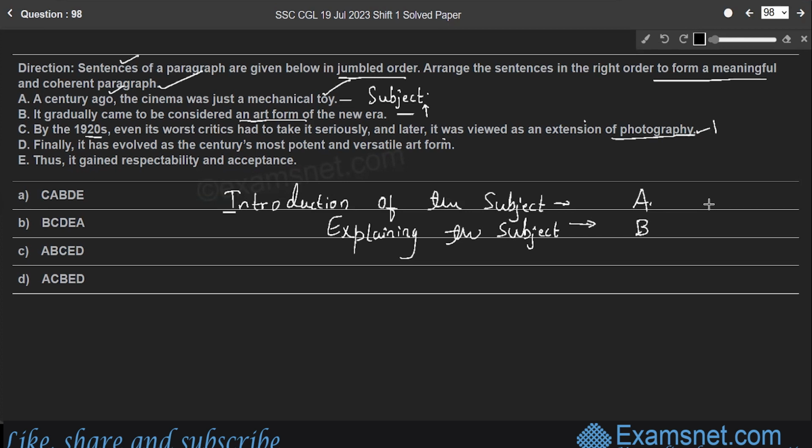So again, sentence C gives support to sentence B. It is the further part of sentence B, right? Therefore, order is A, B, C.